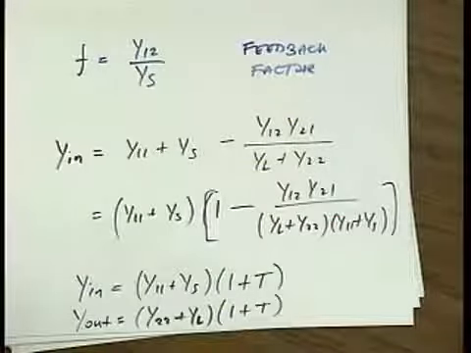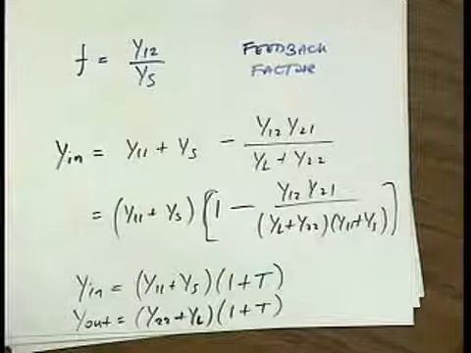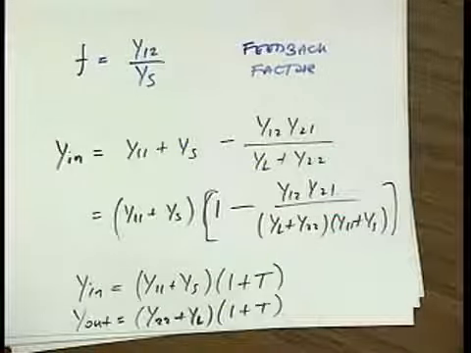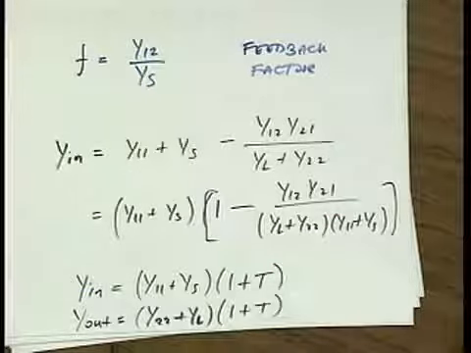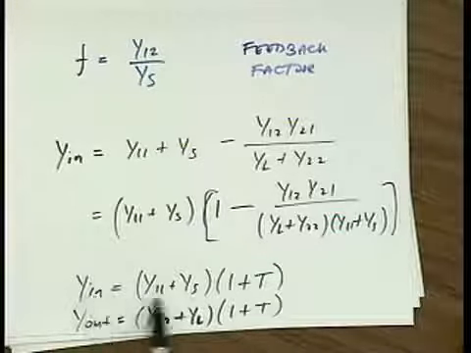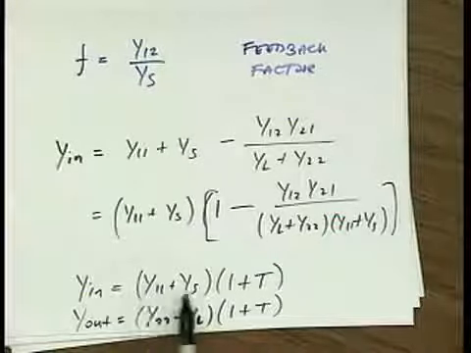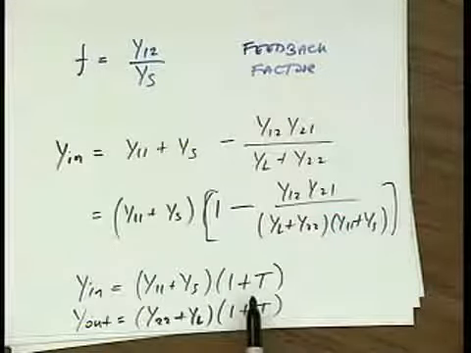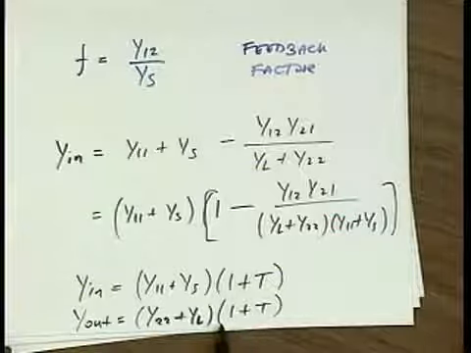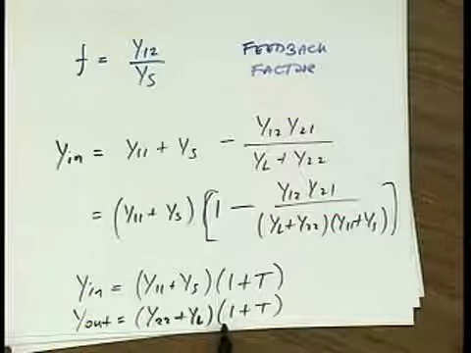Z12 represents series feedback. So if the same formulas hold for Z parameters, the input impedance is the input impedance without feedback times 1 plus the loop gain. Series feedback raises the input impedance and raises the output impedance.